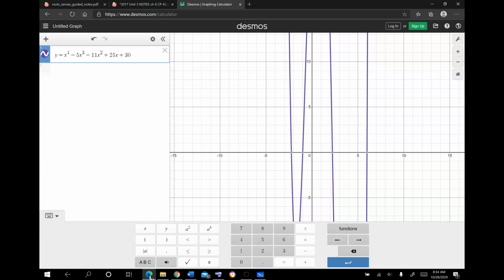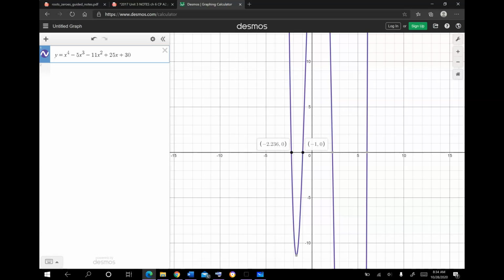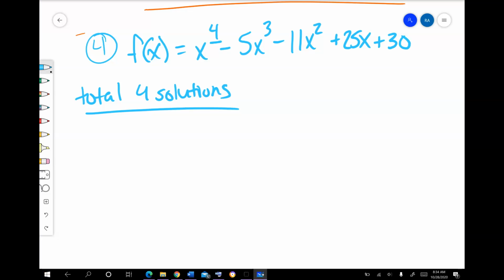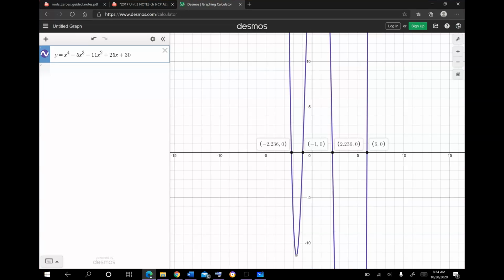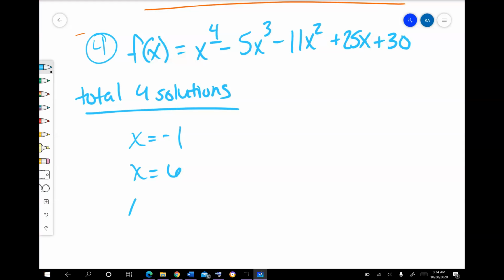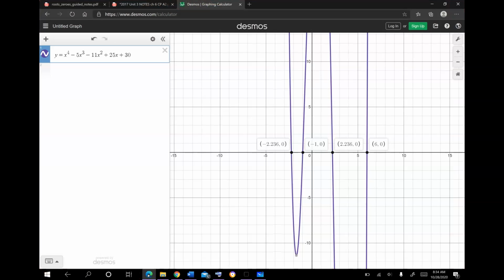Okay? Alright, so if you look, it crosses 4 times. So one solution is negative 1, another one is 6. So I have x equals negative 1, x equals 6. Another one is 2.236. And then the last one we saw was negative 2.236.